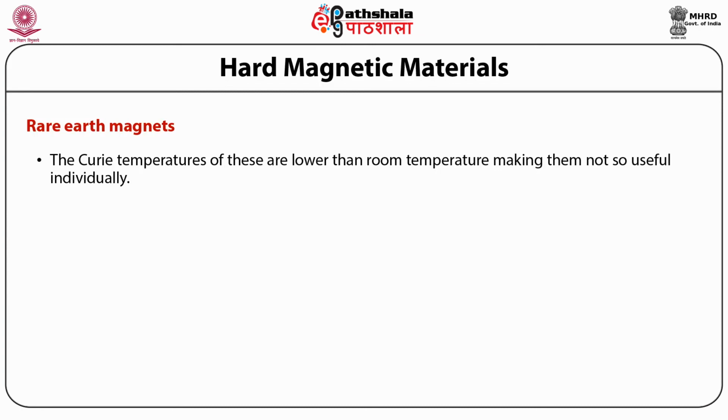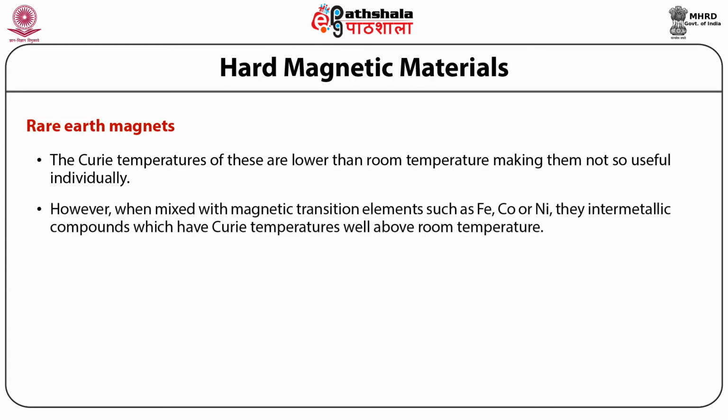Their Curie temperatures are lower than room temperature, making them not so useful individually. However, when they are mixed with magnetic transition elements such as iron, cobalt, or nickel, they form intermetallic compounds which have Curie temperatures well above room temperature.